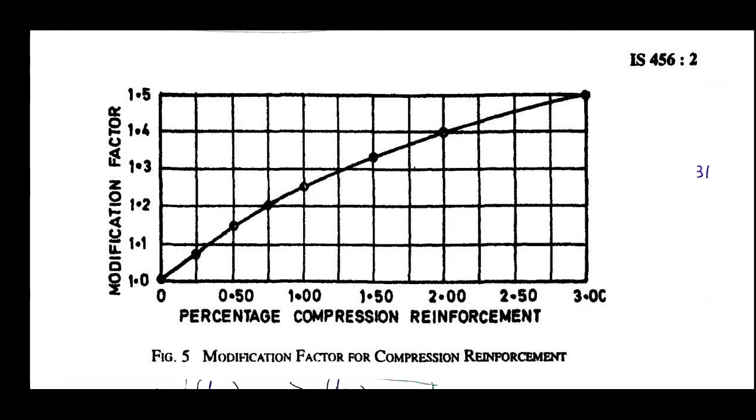So from these values we can check that. One benchmark is 0.25 and another benchmark is 0.5, because this is given in our chart in figure 5, right? For 0.5 percentage of steel, the approximate modification factor is 1.14, and for 0.25 it is approximately 1.08, right?